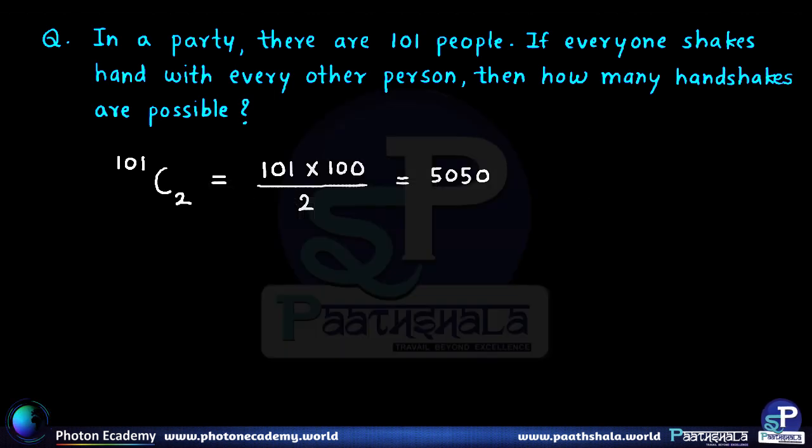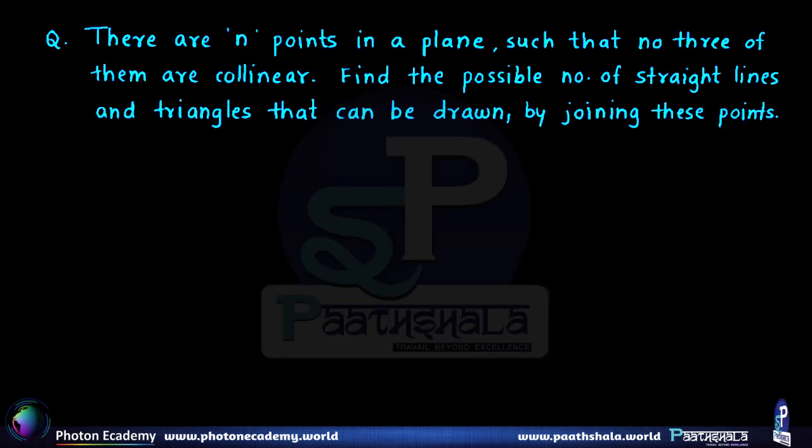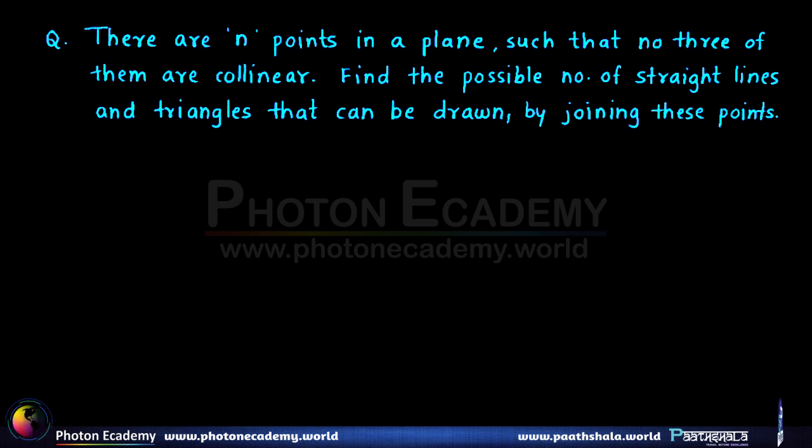Now moving ahead to the next question. There are n points in a plane such that no three of them are collinear. Find the number of straight lines and triangles that can be drawn by joining these points. Now here also, like the previous example, one straight line is defined by two distinct points.